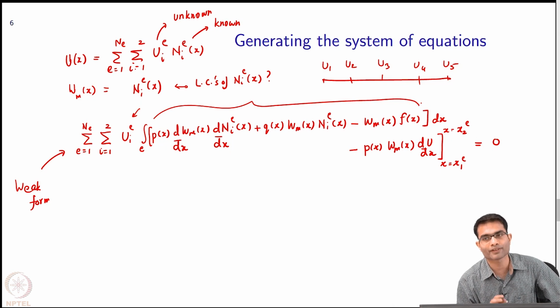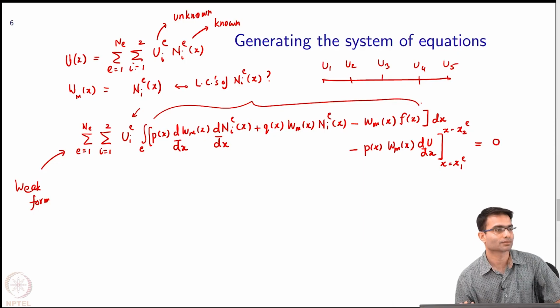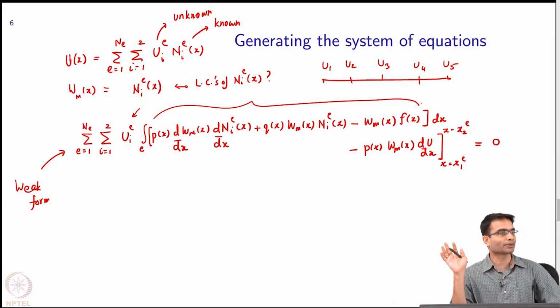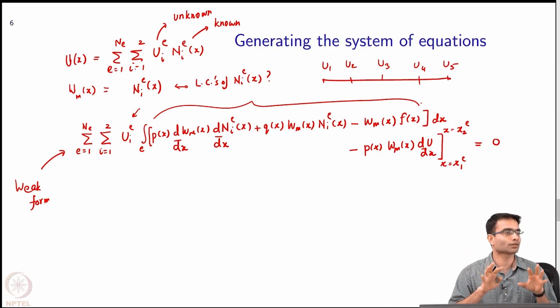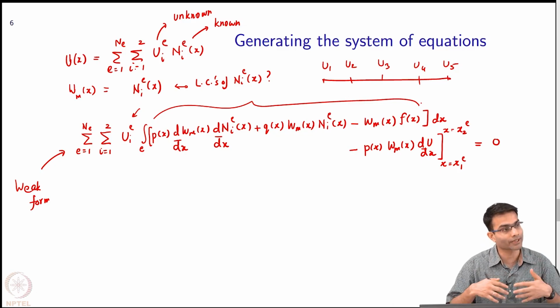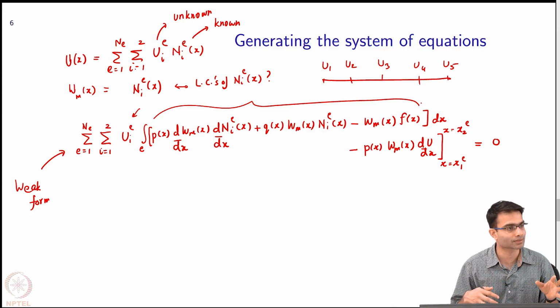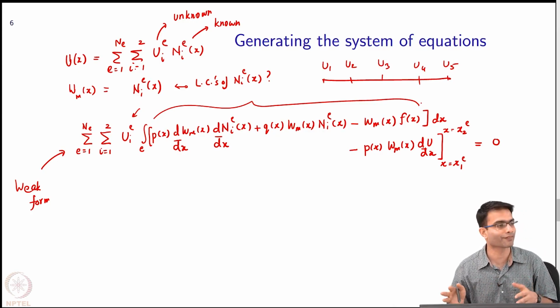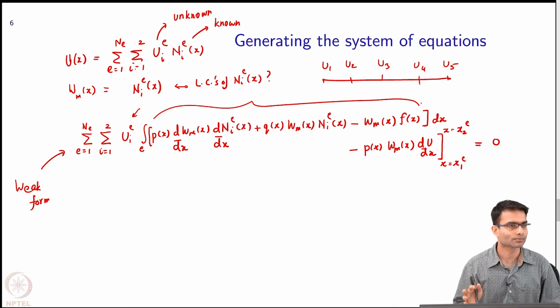So what is the very first trick that I had learned to do this integration? Quadrature, right? So quadrature is a very greatly simplifying thing, because it does not need me to know the detailed analytical integration of whatever, right? I can increase the order of my quadrature rule and get arbitrarily good accuracy, right? In fact, your NIEs, they are linear polynomial. So integrating them with quadrature rules will give you exact answers, as long as P and Q and F are well behaved also. Okay.